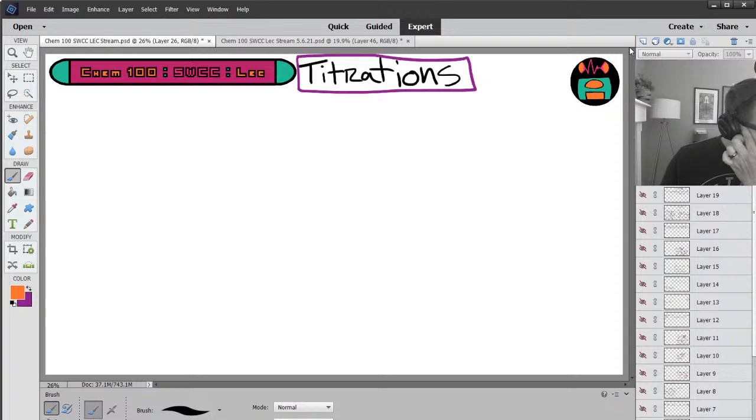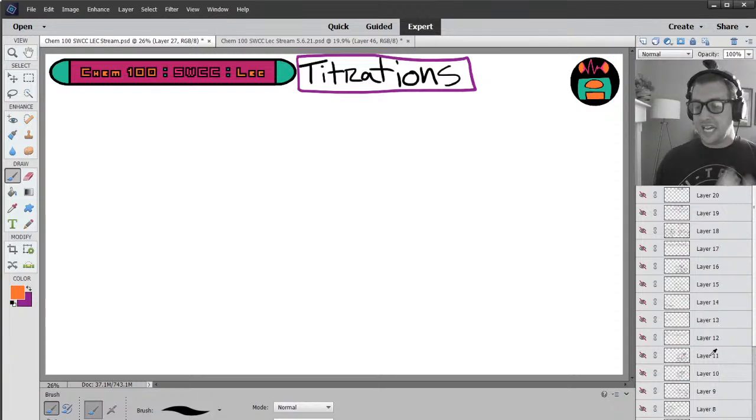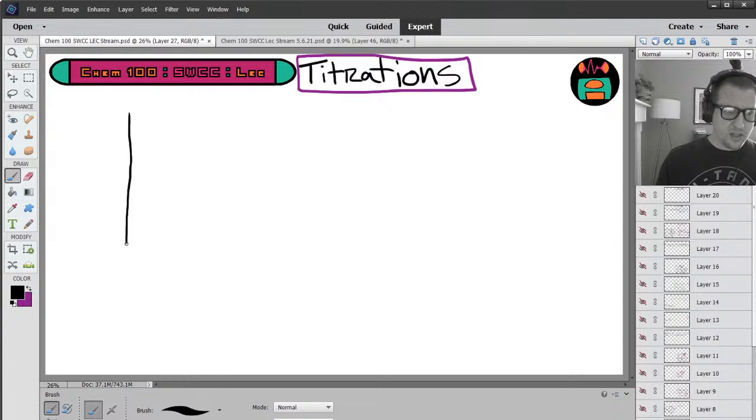The most common piece of glassware used in a titration is called a burette, and it's kind of like a long graduated cylinder that drains from the bottom.